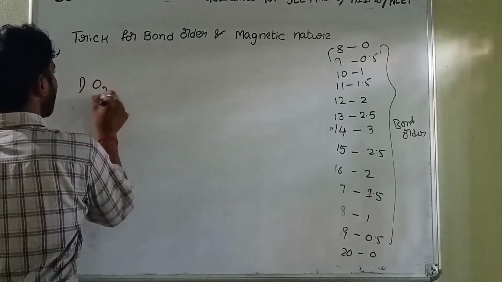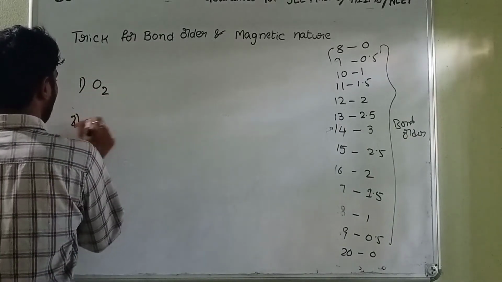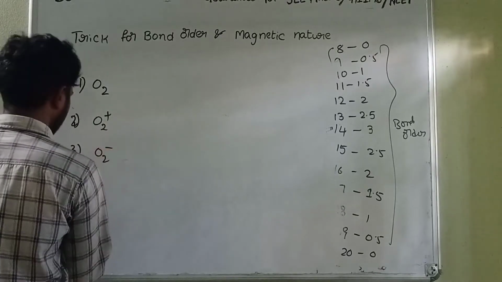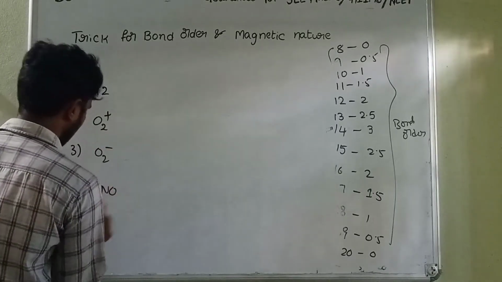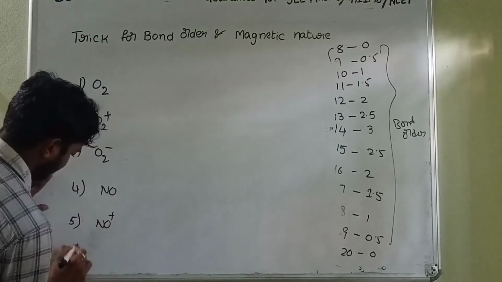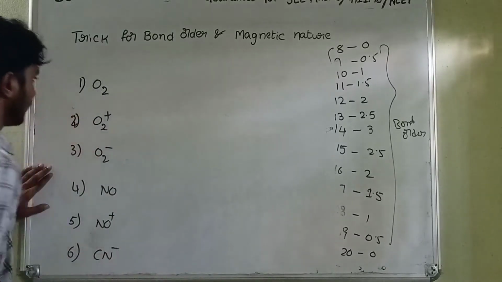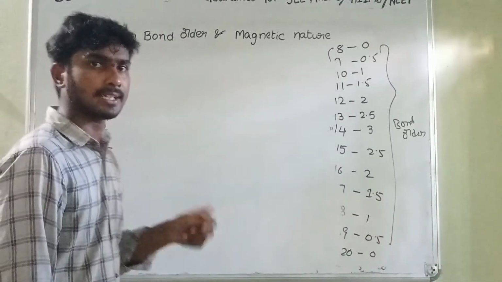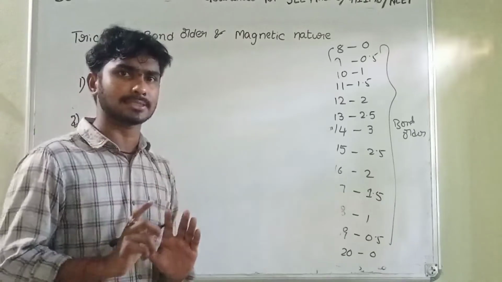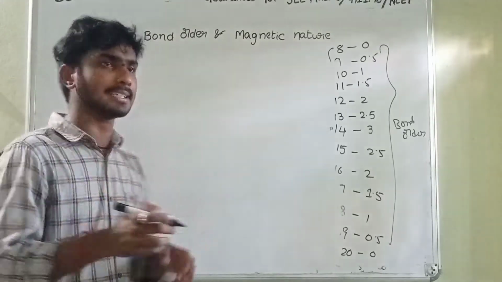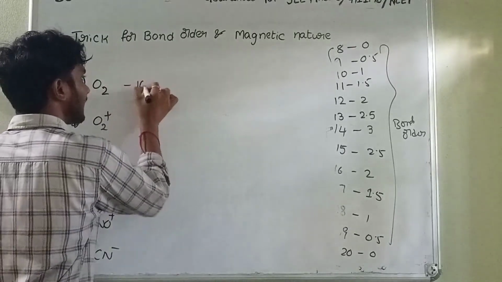First one O2, second O2 plus, third O2 minus, fourth NO, fifth NO plus, sixth CN minus. Okay, we will see this. O2 means how many electrons are there? In one oxygen, 8 electrons are there, but O2 means 2 oxygens, so 16 electrons.